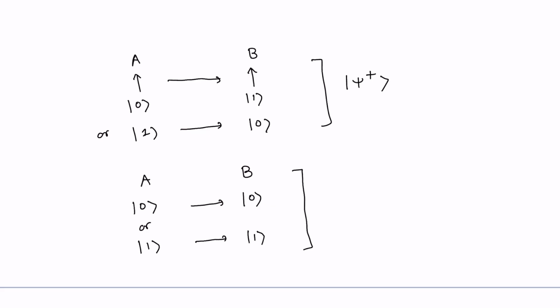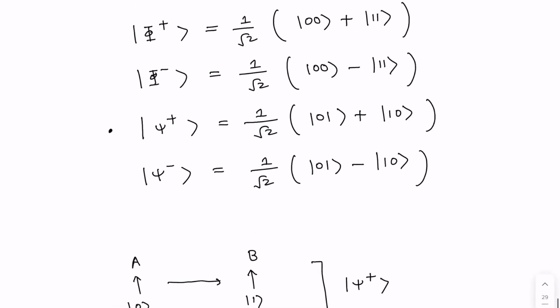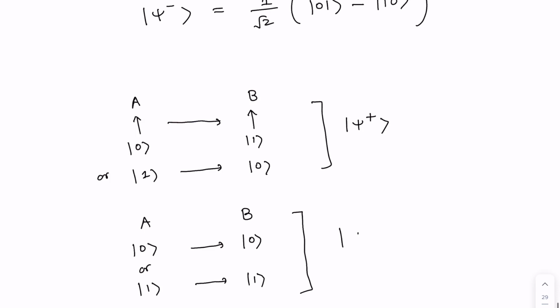And this is the situation expressed by this particular state, phi plus, or for that matter phi minus also represents the same thing. It would be 1 by root 2 ket 00 plus ket 11. So these are called entangled states. This is the meaning of psi plus, phi plus, and similarly for psi minus, phi minus.